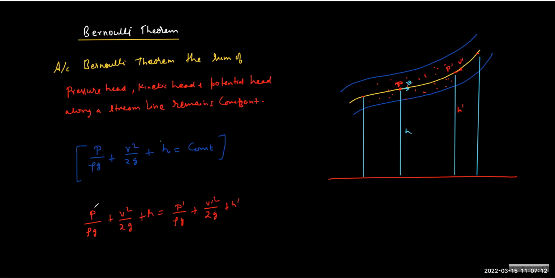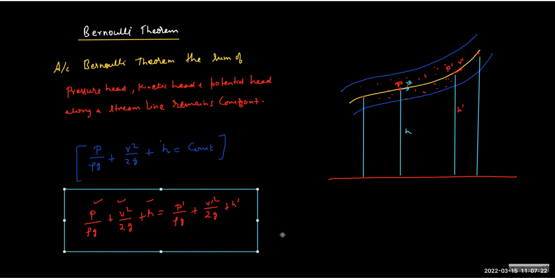So individually they may change, but their sum always remains constant, and that is the statement of Bernoulli theorem. We'll prove mathematically why this is true.